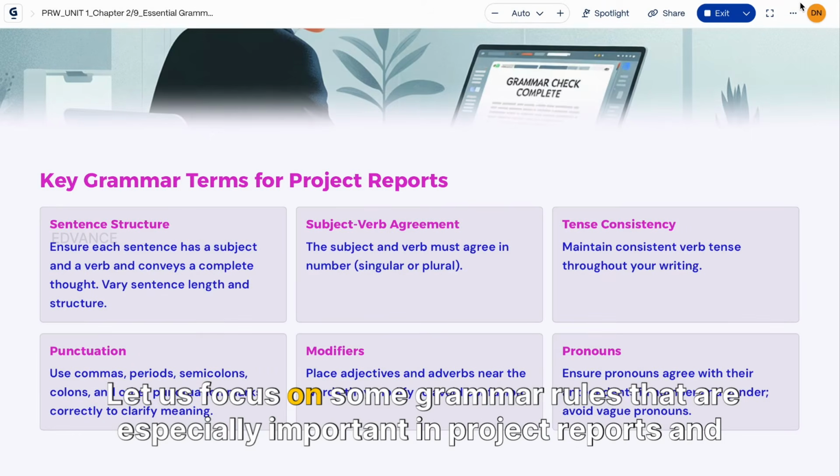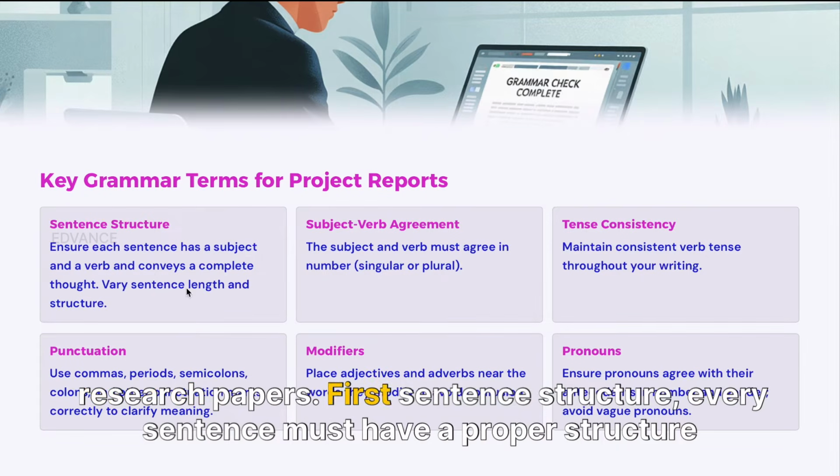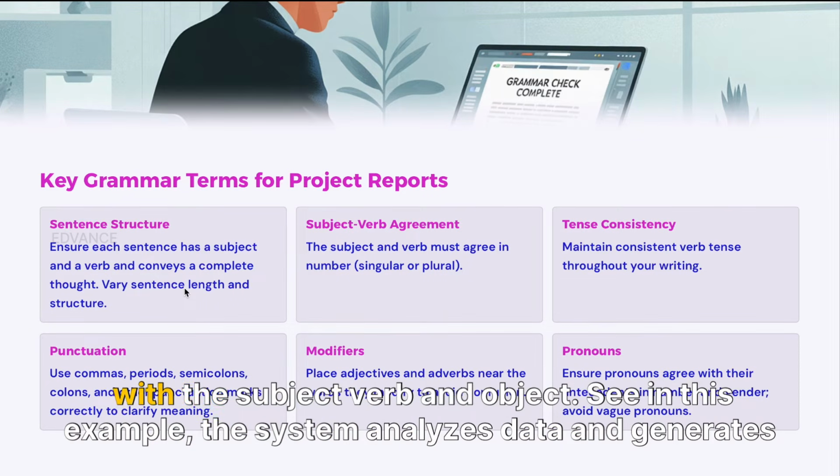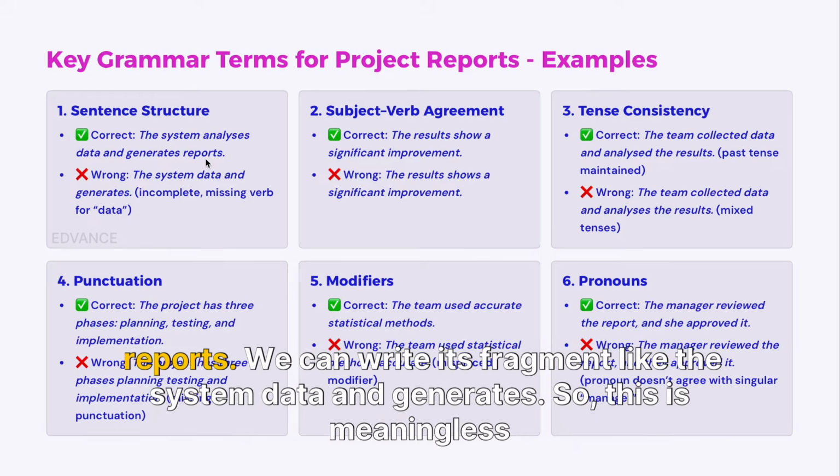Let's focus on some grammar rules that are especially important in project reports and research papers. First, sentence structure. Every sentence must have a proper structure with the subject, verb, and object. See, in this example, the system analyzes data and generates reports.